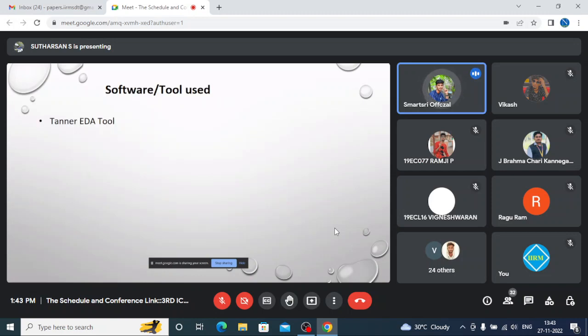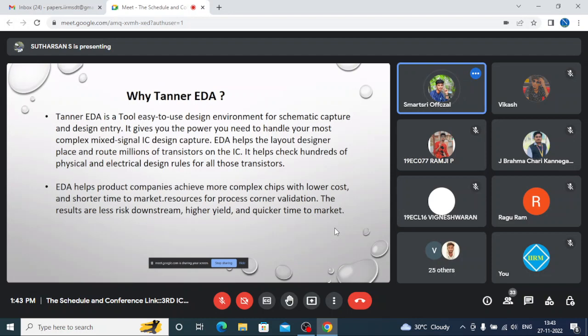Sir, about the software tool used in this: there are so many software tools in very large scale integration design, but we have chosen the Tanner EDA tool, sir, because the Tanner EDA tool is easily usable and gives design entry.